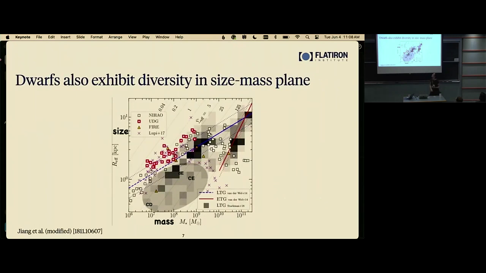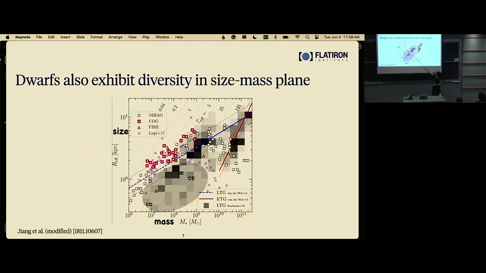Okay, you can also look at diversity in this size mass plane, which is pointed out by Jiang, I think. So the gray region here is, again, the SPARC data. The y-axis is the half-light radius, and the x-axis is the stellar mass. The gray is SPARC. The blue is the late-time galaxy relation for normal-sized galaxies.